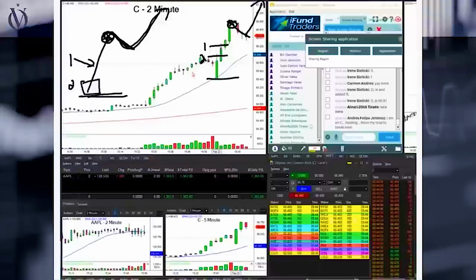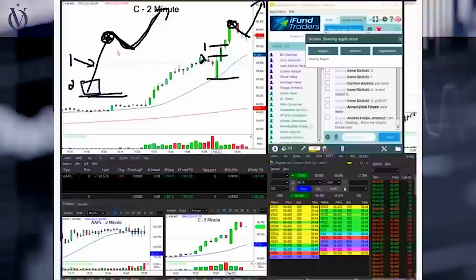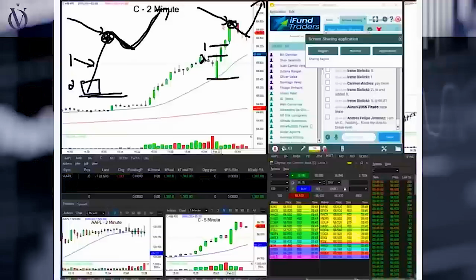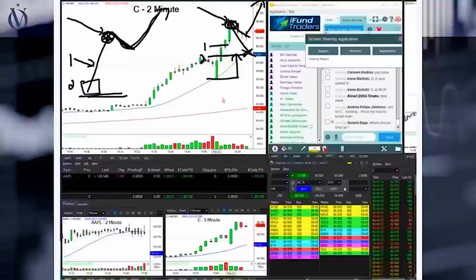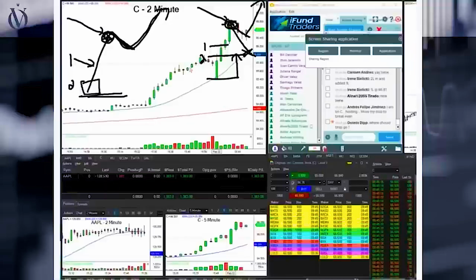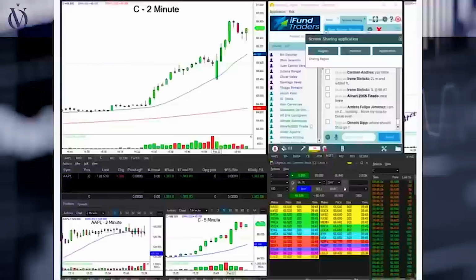And that's exactly what C seems to be doing right now. But the key, guys, is that once you take some profits, you move your stop to break even so that on the rest, you can't lose money. You'll gain this profit, but you'll break even on the remainder of your position. All right? Does that make sense?